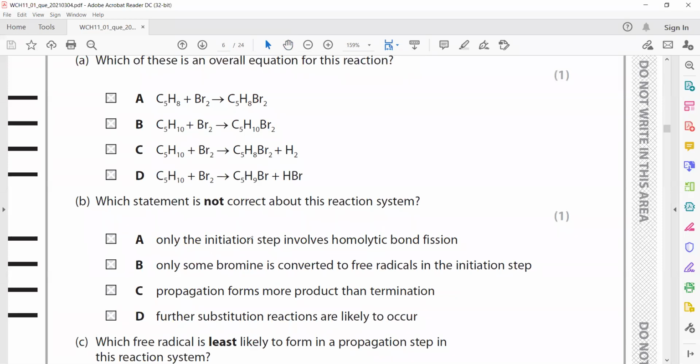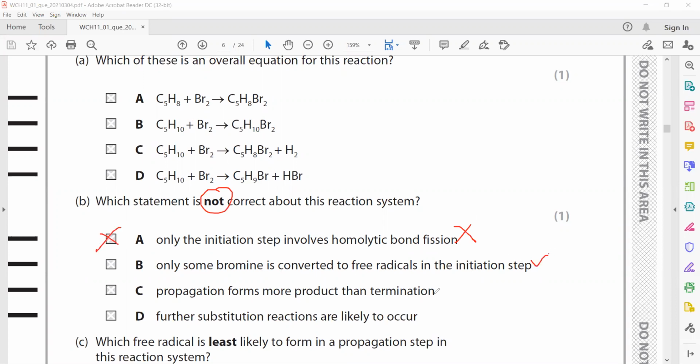It can occur in homolytic, it can occur in heterolytic as well. So that's not the true statement. Only some bromine is converted to free radical. That's not right, most of the bromine is converted. That is the correct statement, sorry, because we have to find which is not correct. So A is not correct. This is a correct statement.